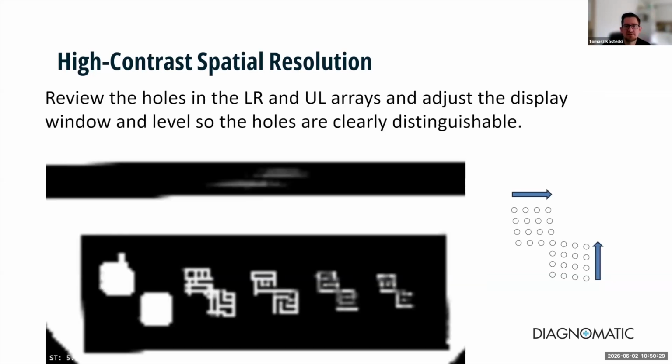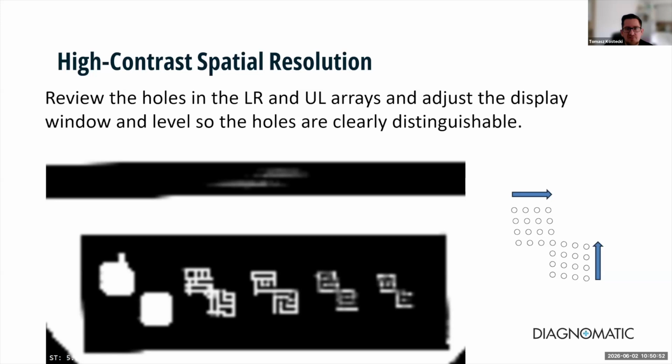In the resolution insert, there are pairs of small hole arrays. Each pair has an upper left array called UL and a lower right array called LR. The UL and LR arrays meet in one corner and share one hole.